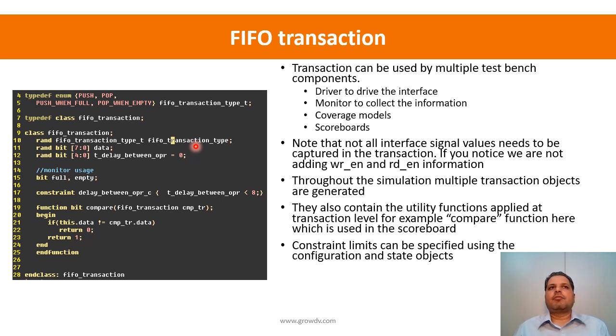The fields required for all the types of communication are made a part of the transaction, and depending on the transaction type, the two entities that are communicating, the transmitting and the receiving entity, know which fields to utilize, right?